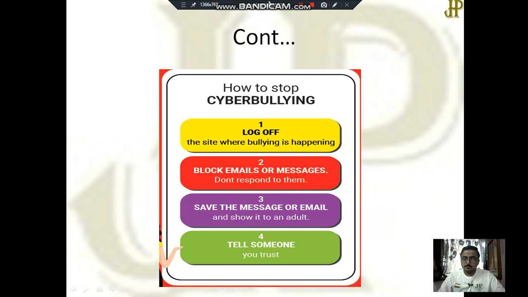If that is not enough, then save the message or email and show it to an adult or your parents, or tell someone you trust who can take these messages and emails and go to the appropriate authority to take action. Clear?